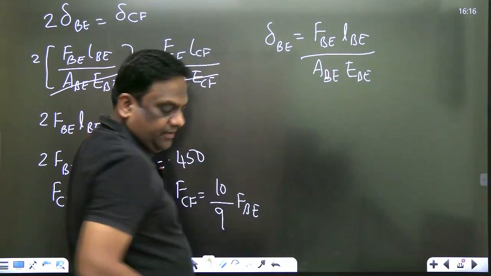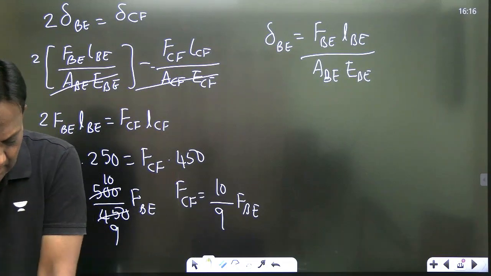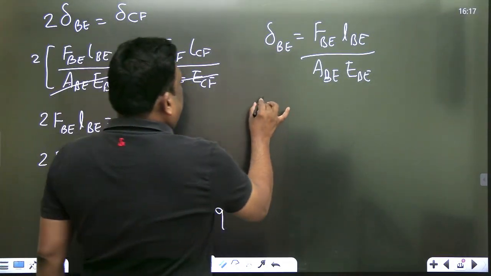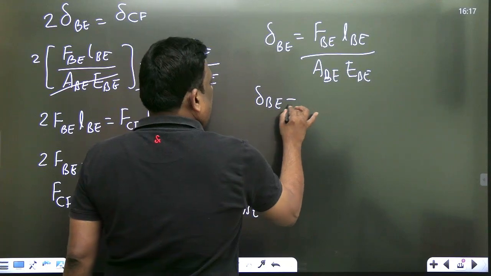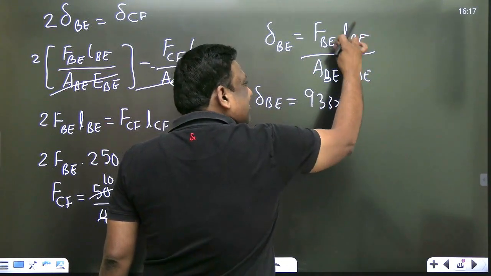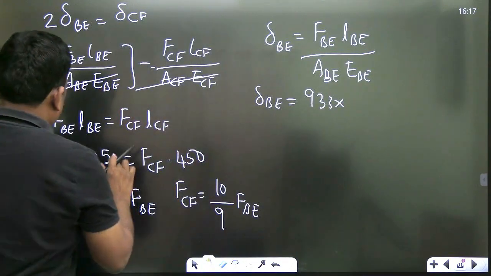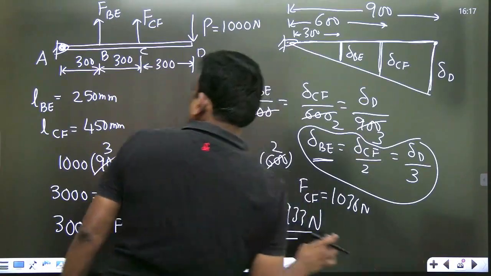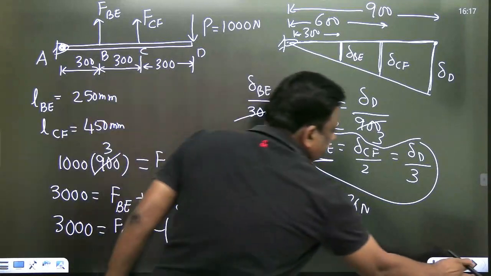Here you have to be very, very careful. The force in BE is 933 Newton, and the length of BE is 250 mm.